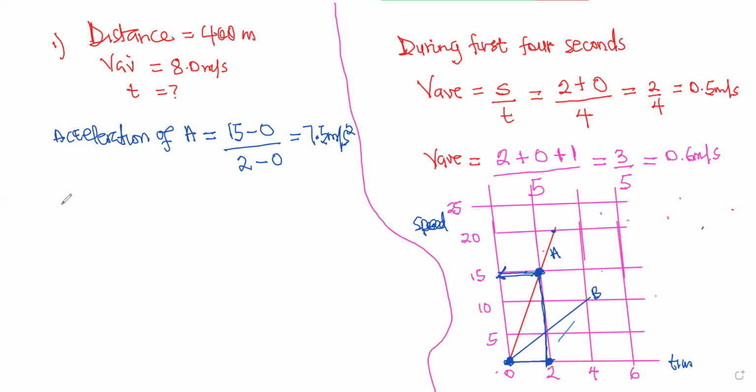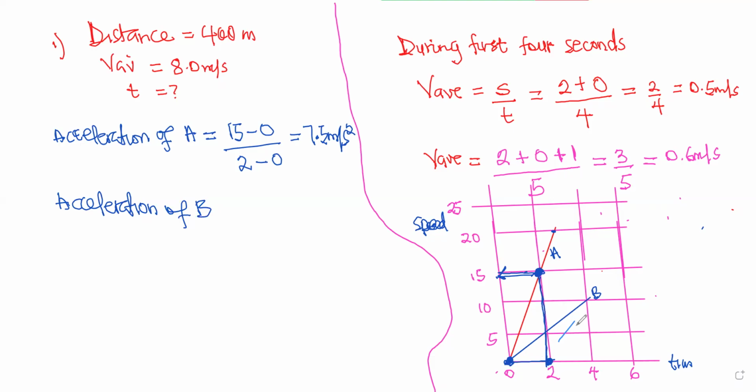All right, then acceleration of B. We pick any 2 points. For B, we can take any 2 points. We wouldn't care which, because it is uniform.